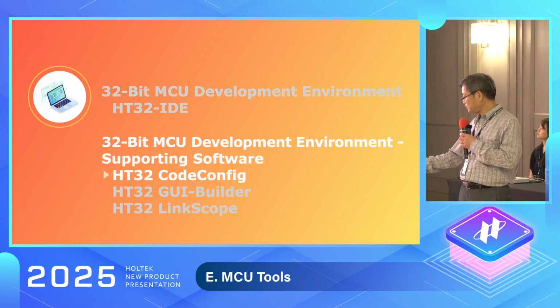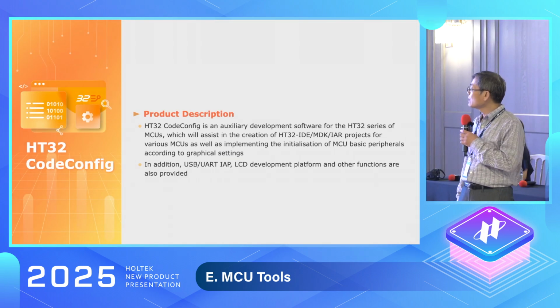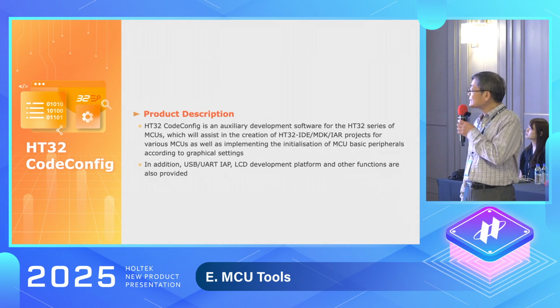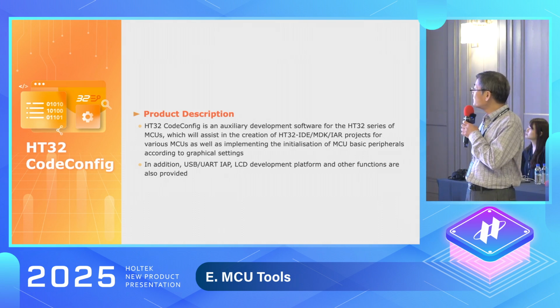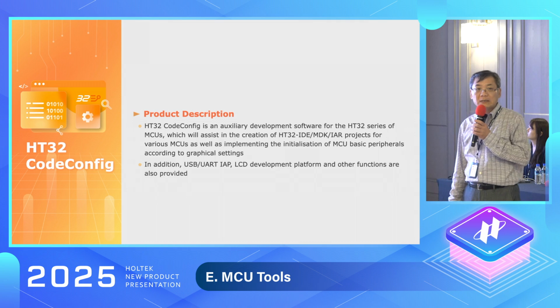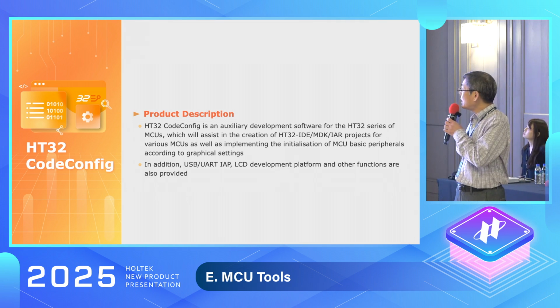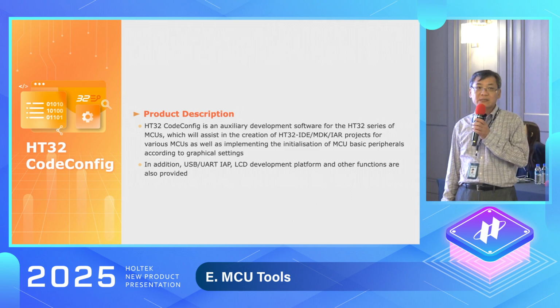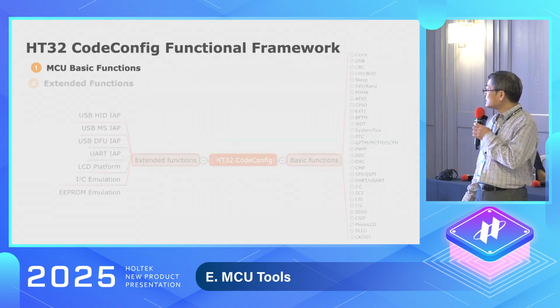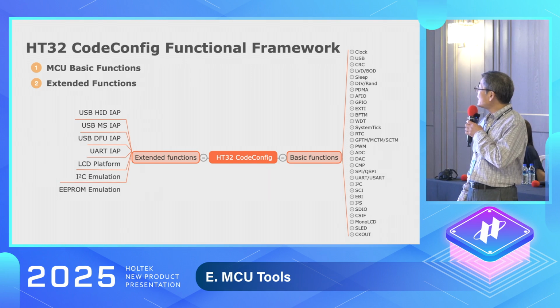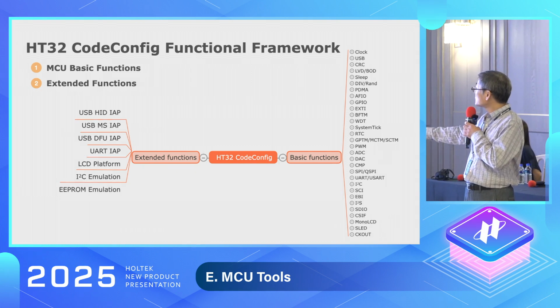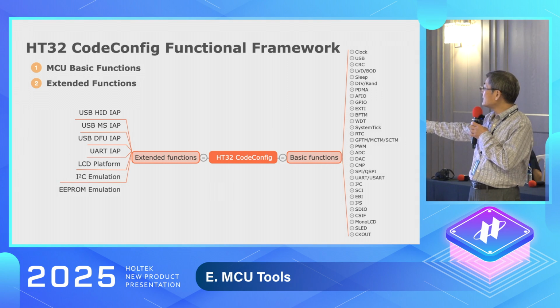Code Config. Code Config is supporting software that helps a designer to initialize the peripherals and some basic functions. The basic functions, on the right, include many things like ADC, PWM, DAC, comparator.